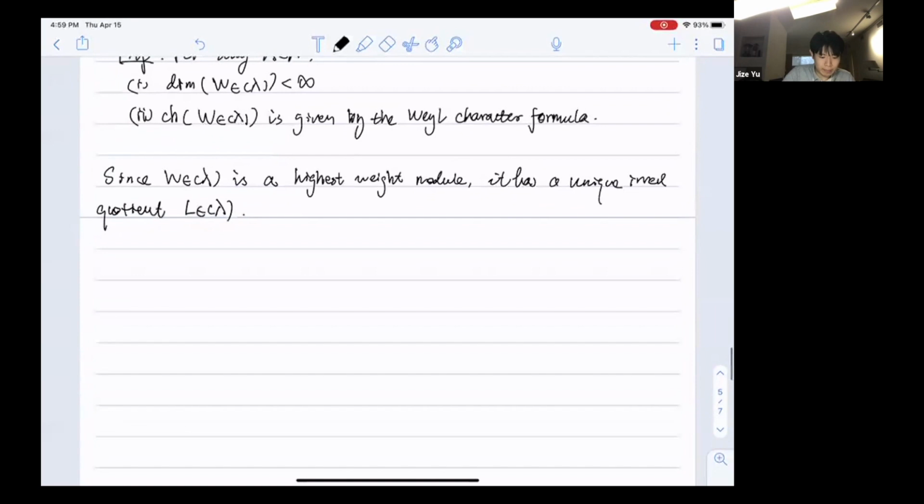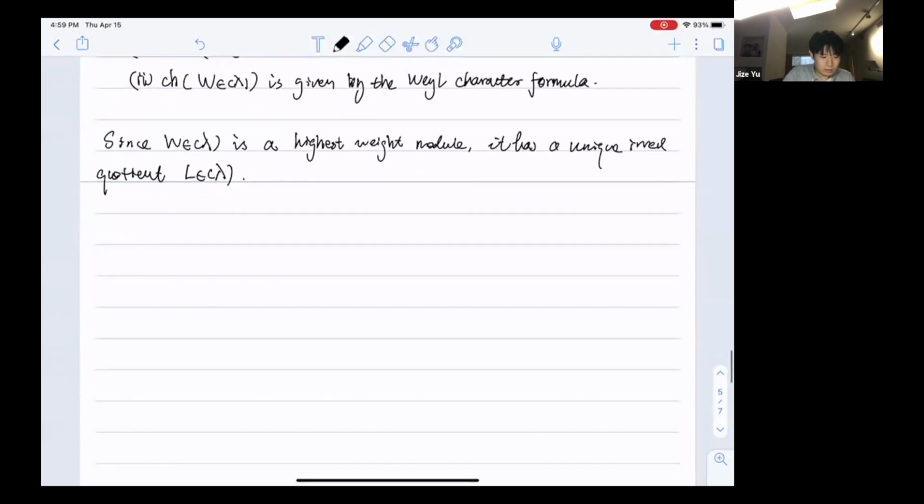So a corollary of the previous proposition is, for any dominant lambda, the dimension of this irreducible quotient, L epsilon lambda, is finite.